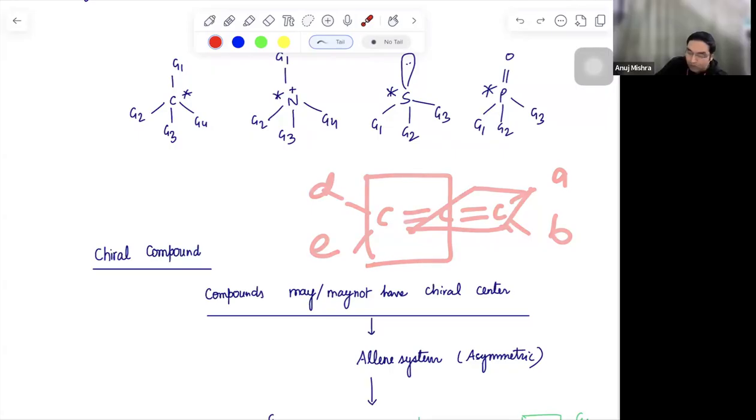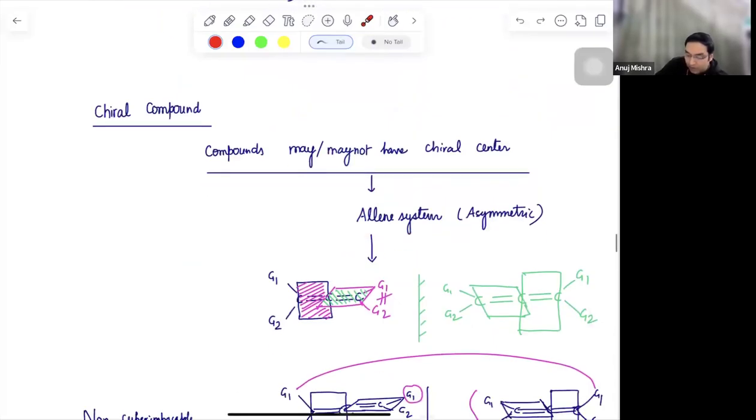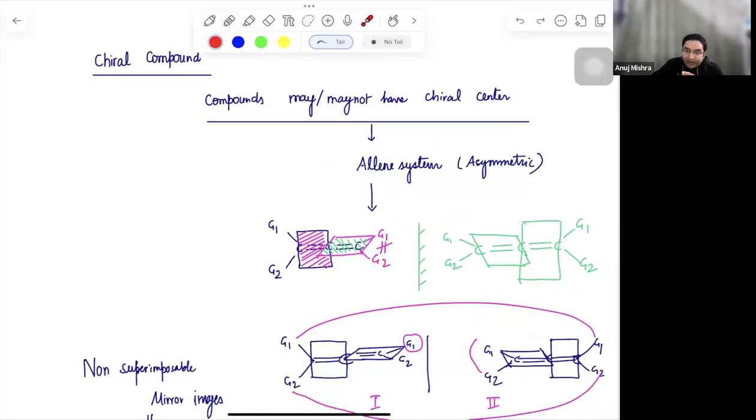So compounds may or may not have chiral centers, like the allene system. Look at this example, G1, G2. They should not be the same. If they are not the same, then if you take the mirror image of this structure, it will look like this. And if you try to place one of these two structures above the other, it is not going to be feasible.